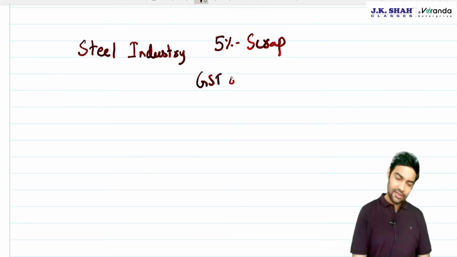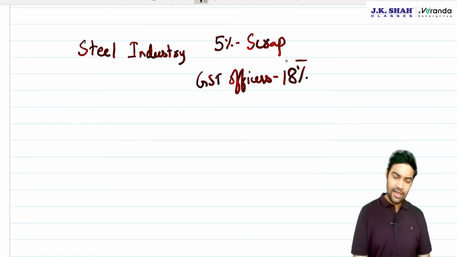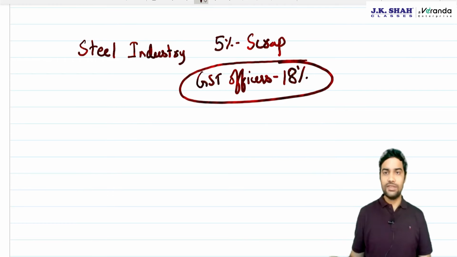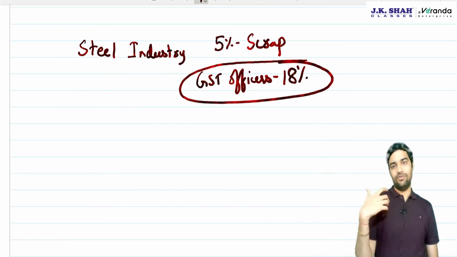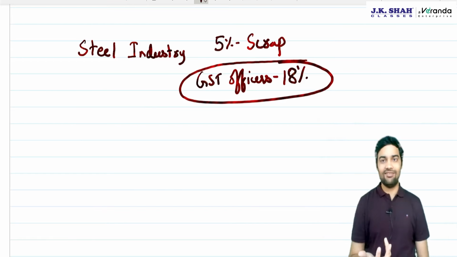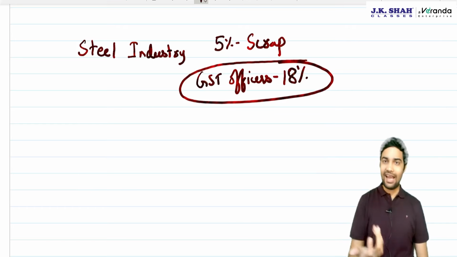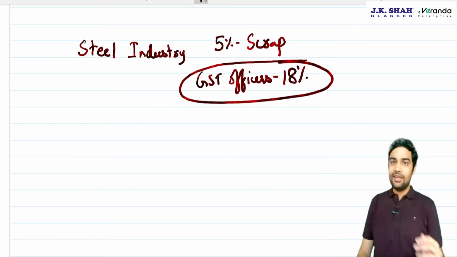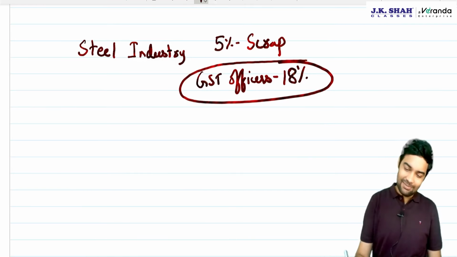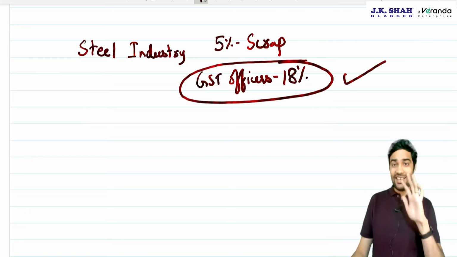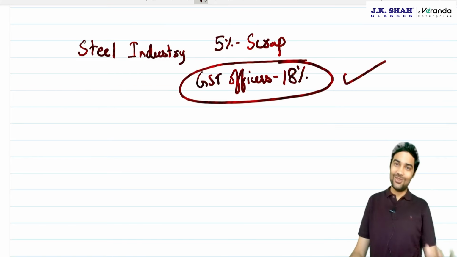GST officers issued notices saying no, it's 18%. And once officers issue a notice, then the matter will be litigated. Litigated meaning hearing will happen, then first level of appeal, high court, and the matter will go on. Now suppose the high court decides that it will be 18%. So the position taken by the entire industry is wrong.